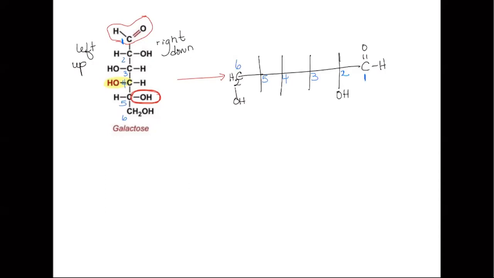What about on carbon number 3? Up or down? The OH. Great. OH is up. What about carbon 4? Excellent. What about carbon 5? Great. And remember, whenever you have a monosaccharide, opposite from the OH, there's an H.